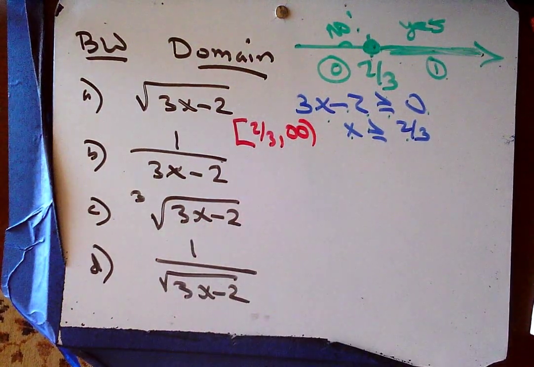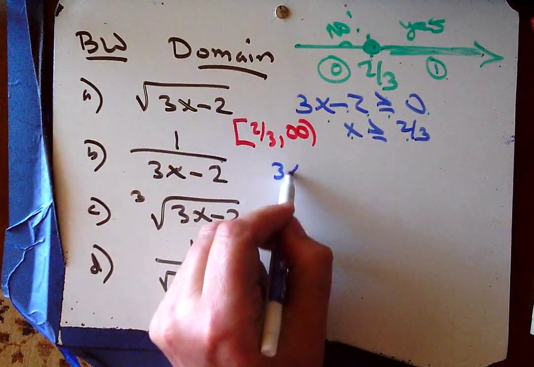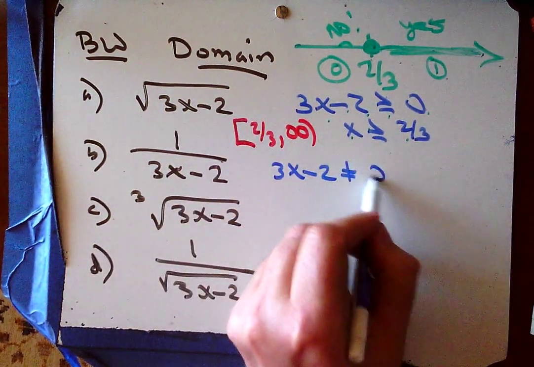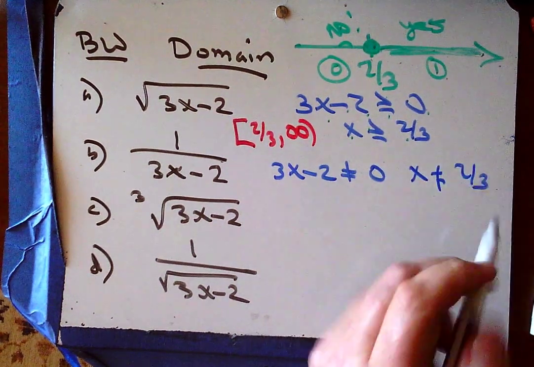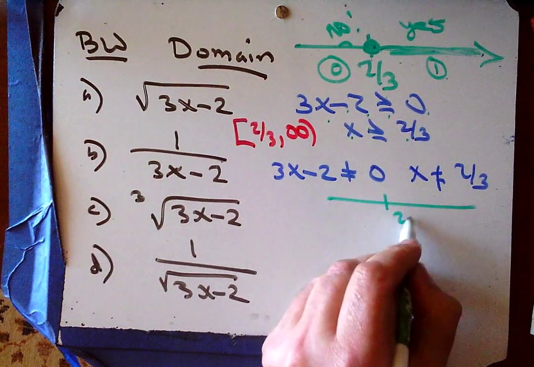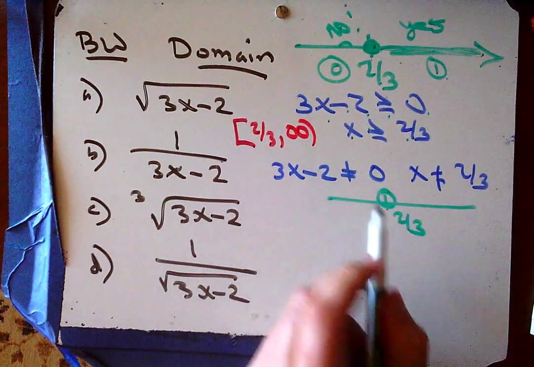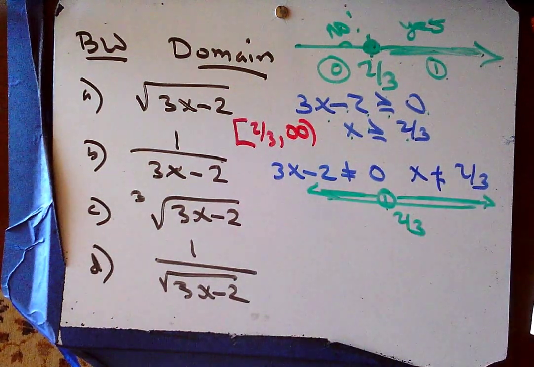Okay, next, what can't we have in a denominator? We can't have 0. So 3x minus 2 can't equal 0, which means x can't be 2/3. If I think about this on a number line, there's 2/3. I can't be that, but I can be all these numbers, and I can be all these numbers.